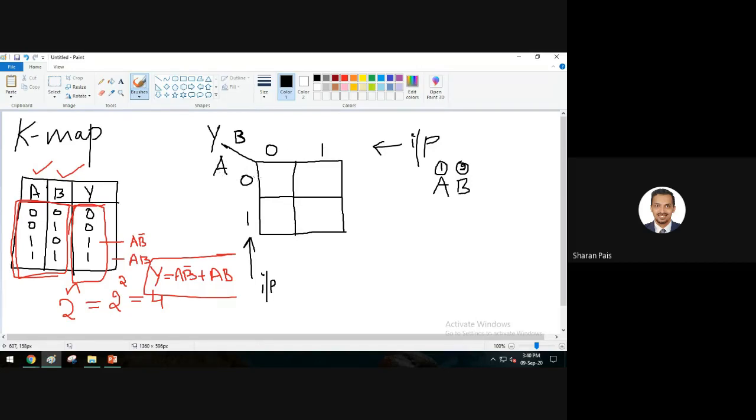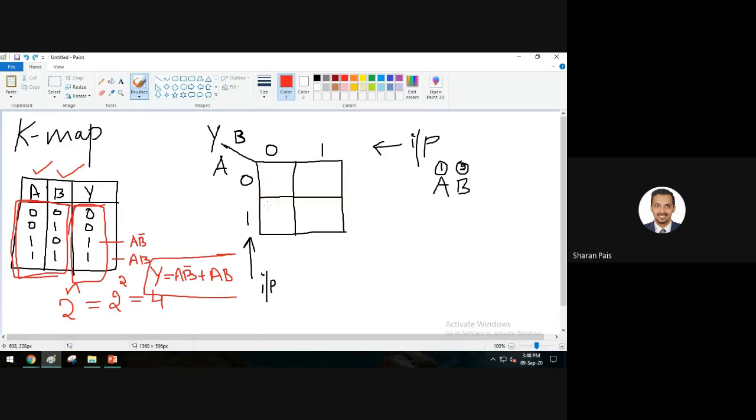This complete row is A equal to 0, and this is A equal to 1.